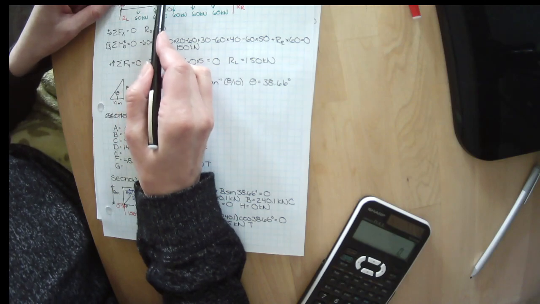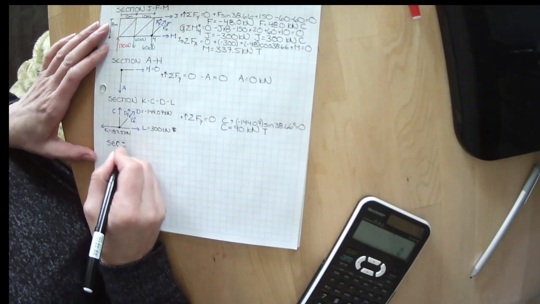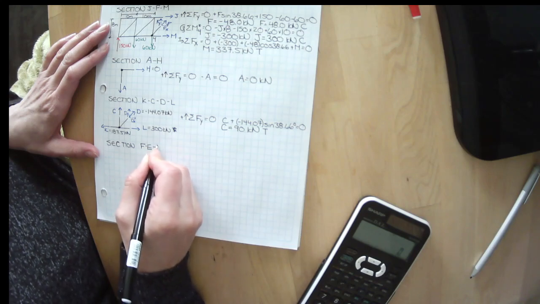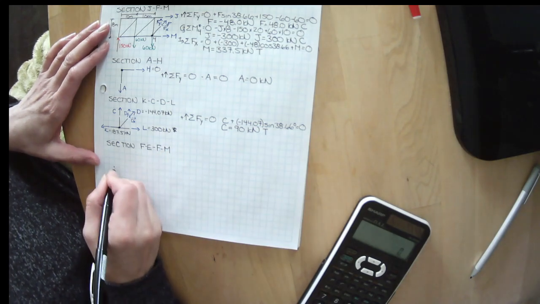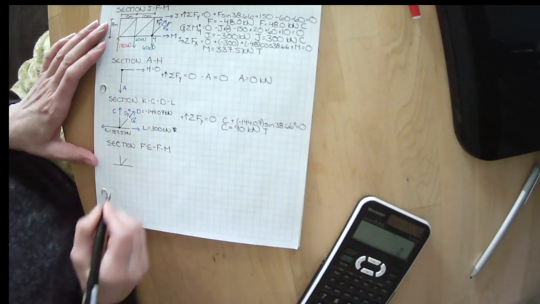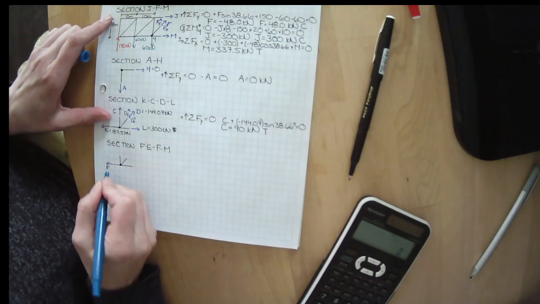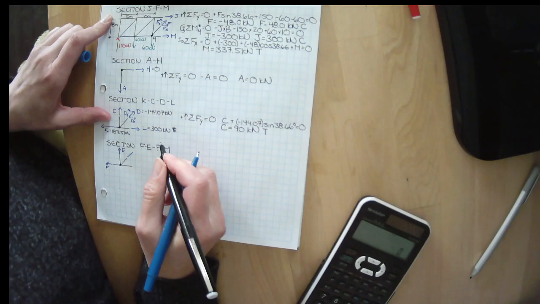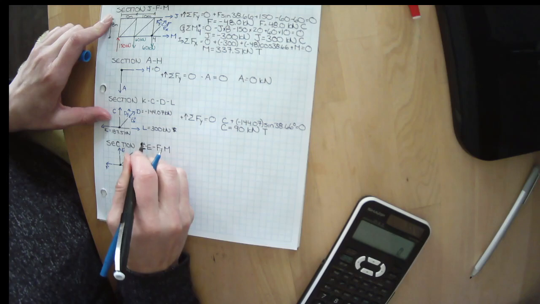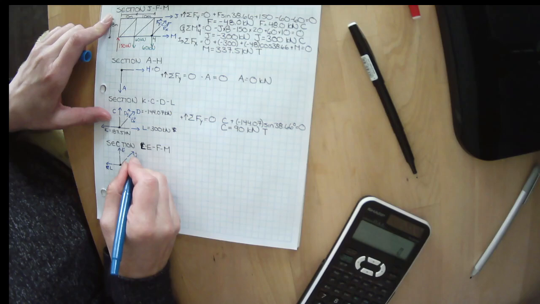We'll cut through L, E, F, and M. So this is F, E, so this is L, E, F, and M.